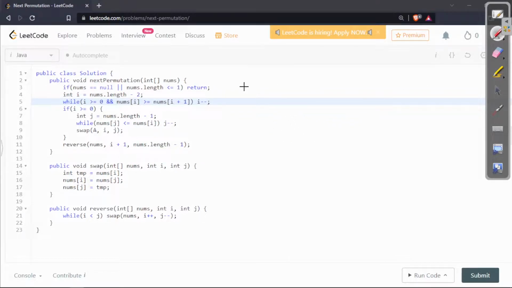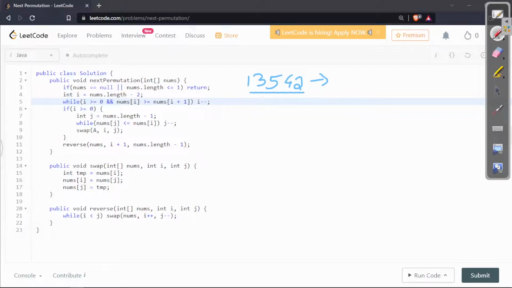Let's suppose we are given a number as 1, 3, 5, 4 and 2. Pause the video and think what would be the next permutation for this number.